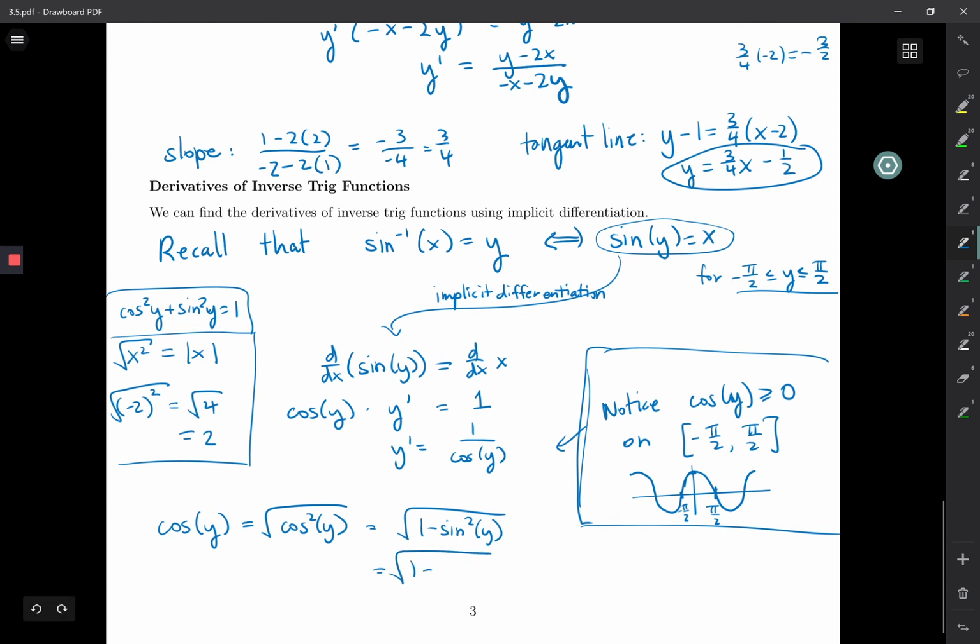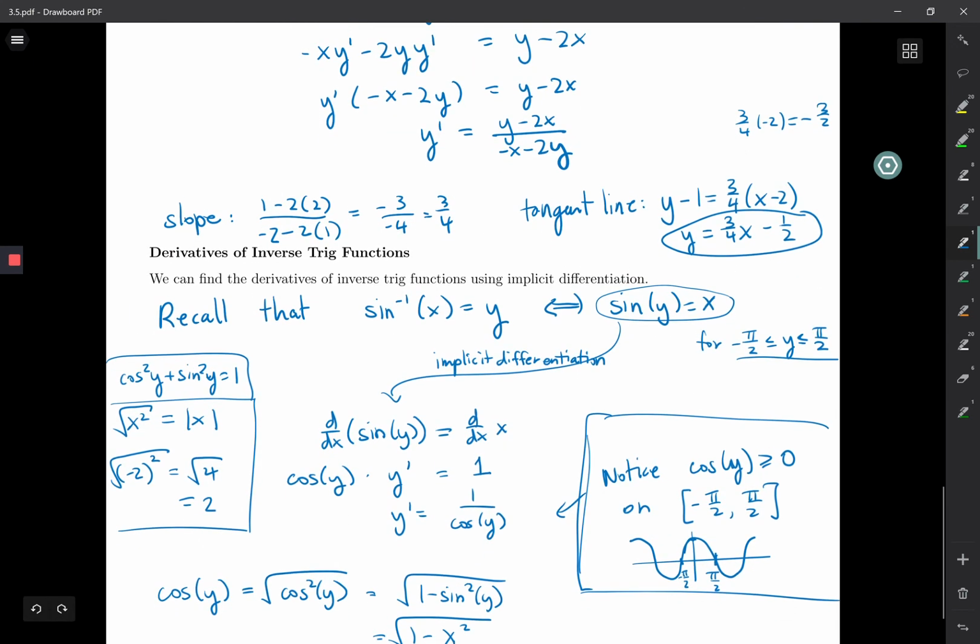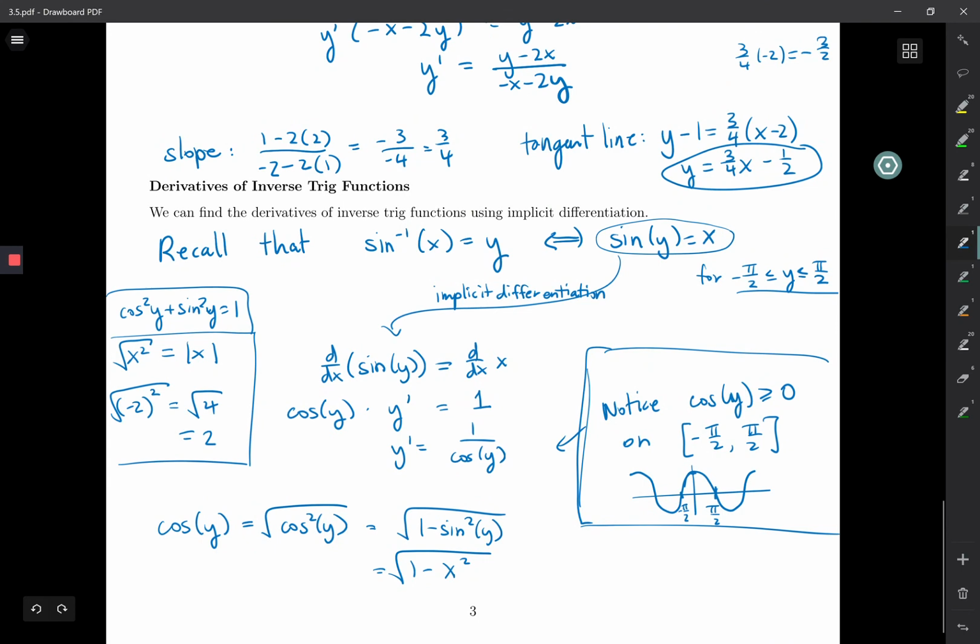That means that we get 1 minus x squared by just replacing that. And so we can rewrite y prime as 1 over this expression. So now we found an expression of cosine of y in terms of x, and so we can just replace it with the square root of 1 minus x squared. And this is the derivative.